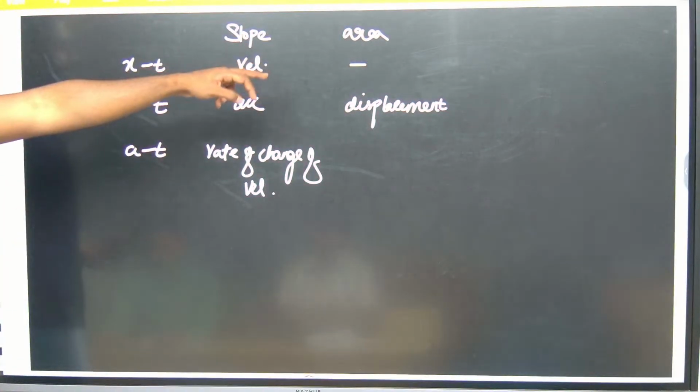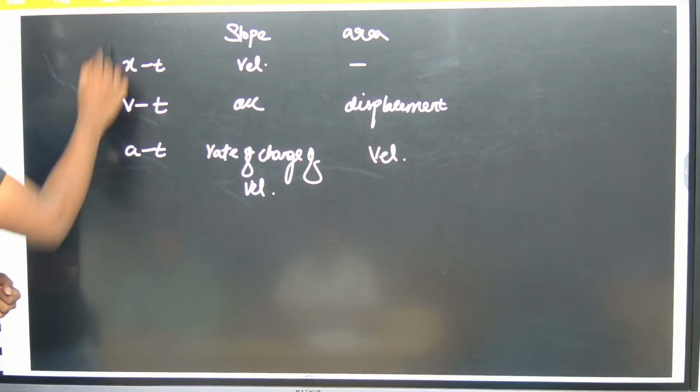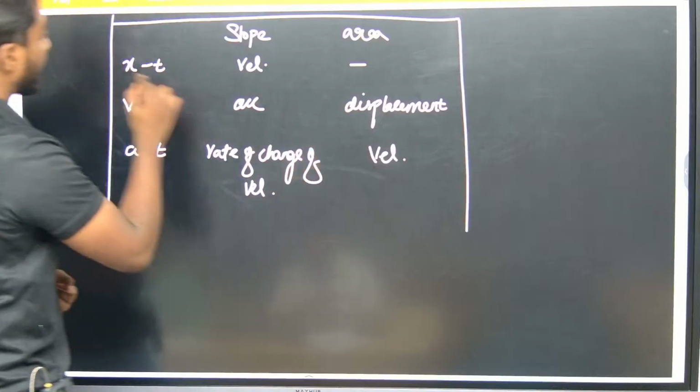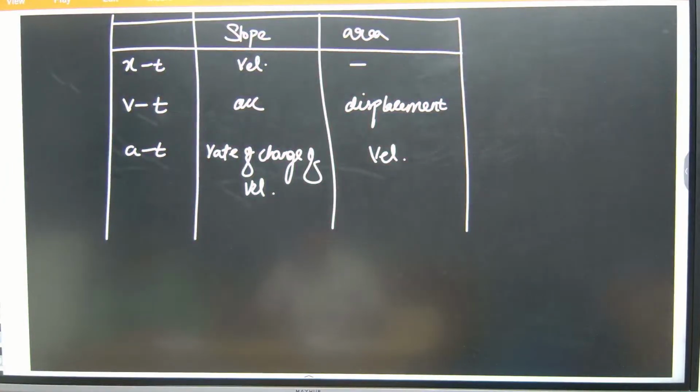But what about area? Area gives velocity. You can take a note of this in a tabular column. xt, vt, at are the graphs.